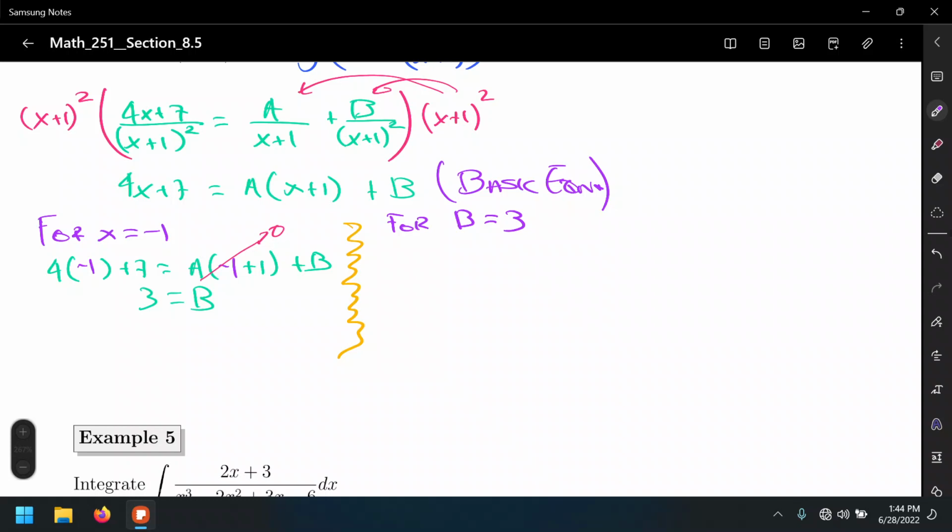Why can we choose our favorite value? Because that value of x, we will plug it in on every instance of x on both sides, and when that happens, we're keeping our equation in balance. So you could plug in x equals 1, x equals 0, x equals 175 million, your favorite number, as long as you substitute it on both sides of the equation and every x, you should be fine.